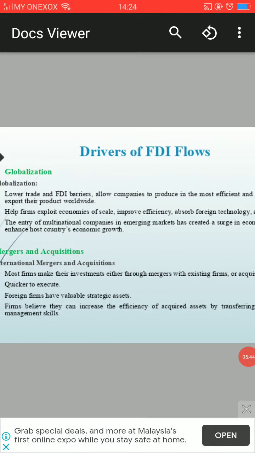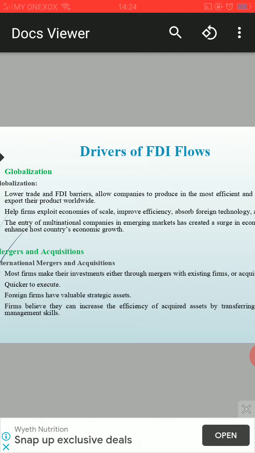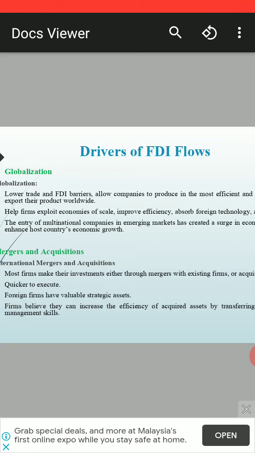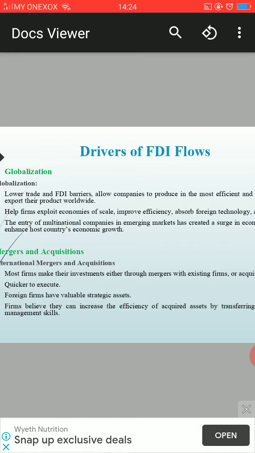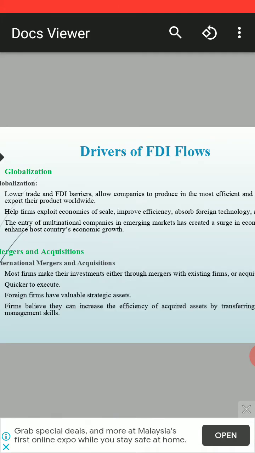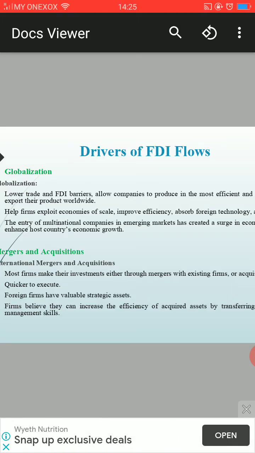Okay, for the drivers of FDI flow, although the world is moving toward free trade, some countries protect their local business by imposing a lot of trade barriers, because they want to minimize imports. However, if a foreign company wants to implement FDI, the government encourages it, because they know there are many benefits they will gain from FDI.